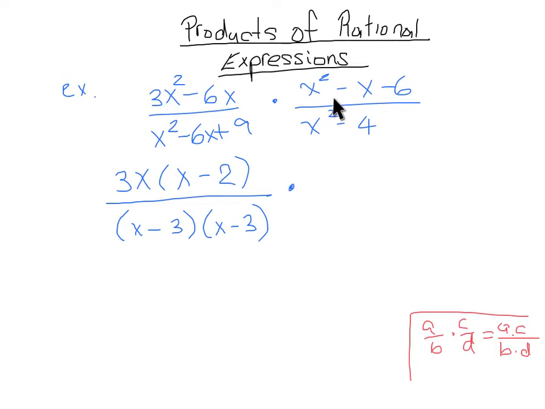So now we can move on to the right side. And we're going to factor the top of the right side. So we're looking for two numbers that multiply to get negative 6 and add to get negative 1. And those two numbers are negative 3 and positive 2. So we have x minus 3 and x plus 2.